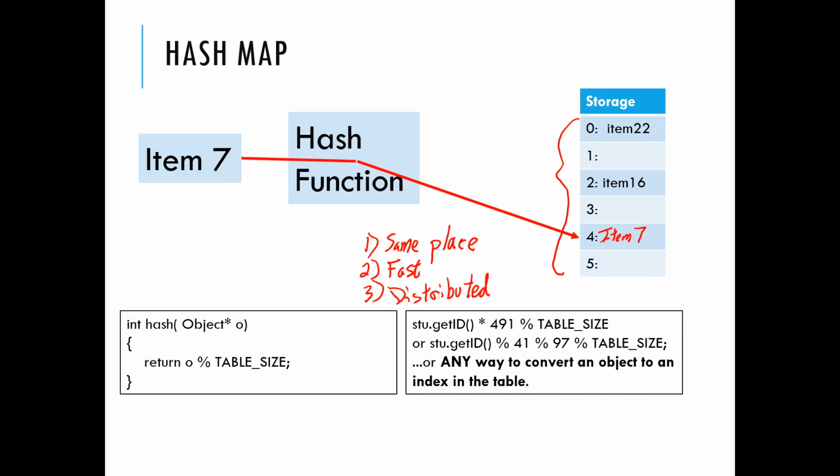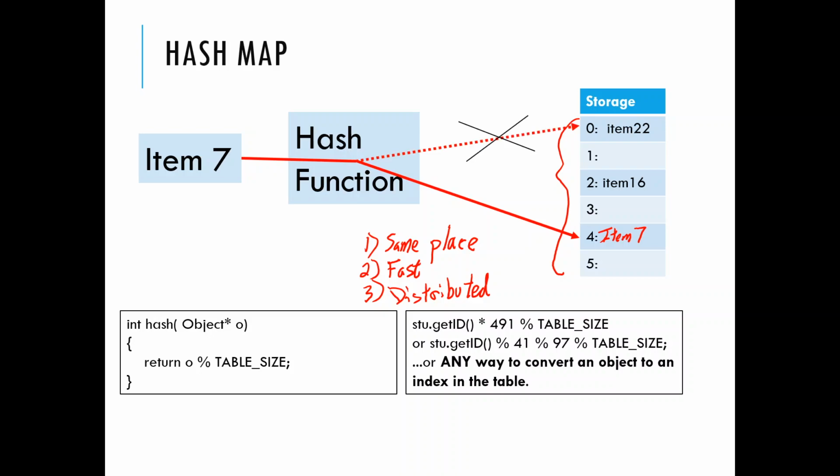That's all I care about. Beyond that, all bets are off. You can do whatever you want with this thing. You could use the name of the person and then the student ID and then their GPA and then this and that to get the number. It doesn't matter. That's sort of the point. It's some magic secret sauce that some people may not even need to know that goes into my hash function and that spits out a legitimate place in the table.